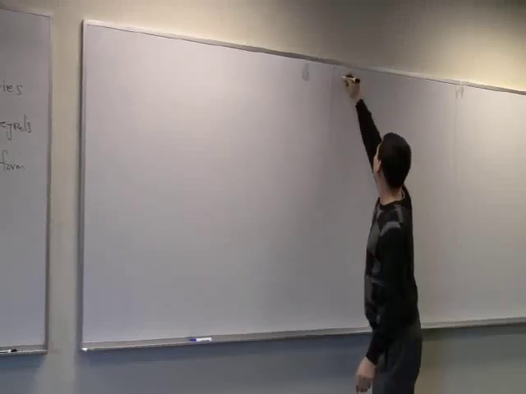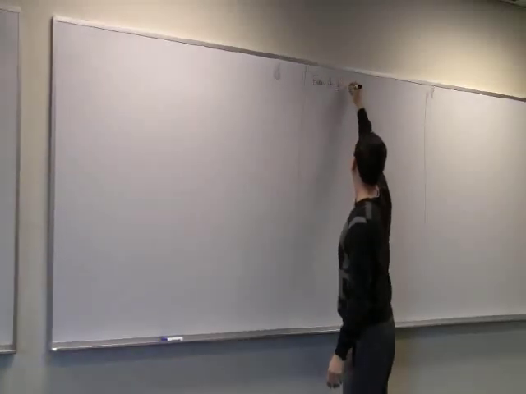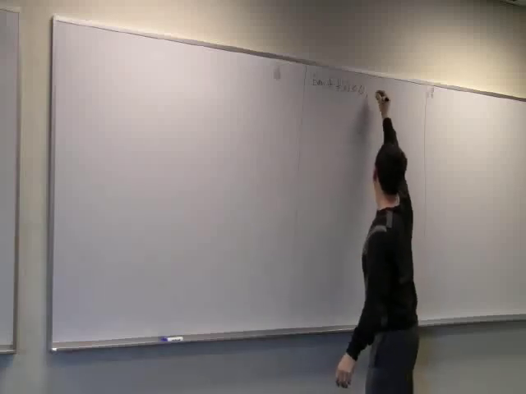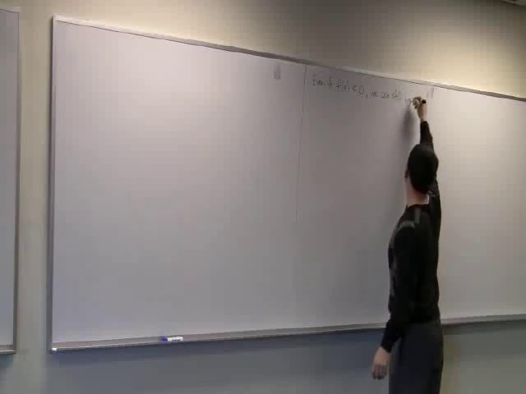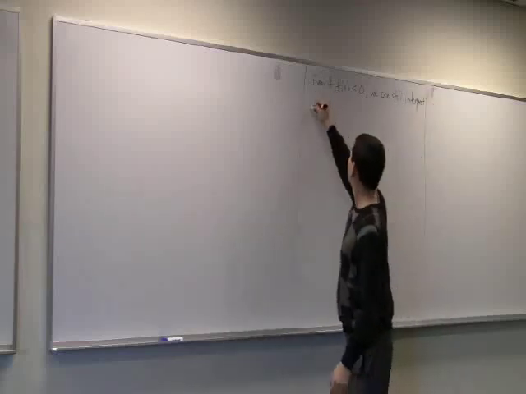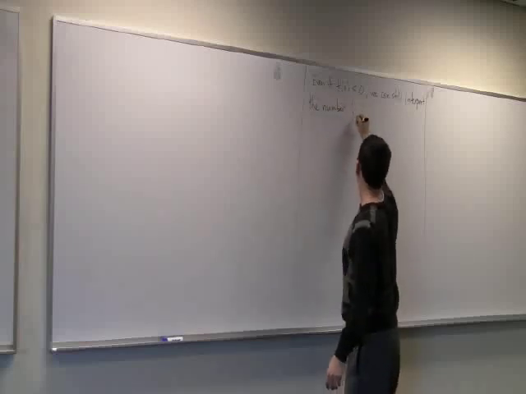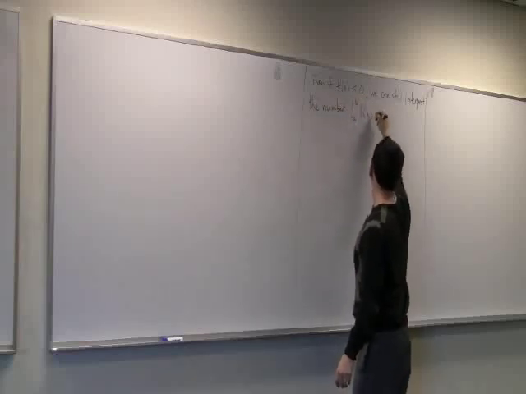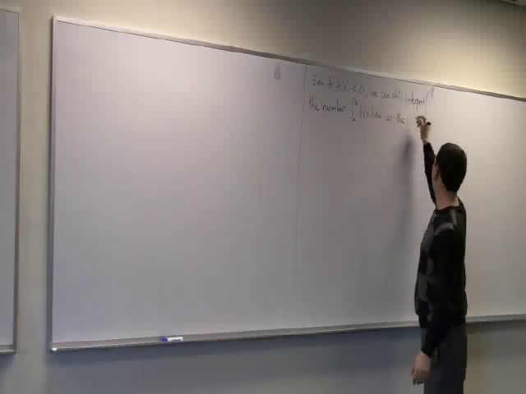All right, so even if f of x is less than 0, we can still interpret the number as the net area.